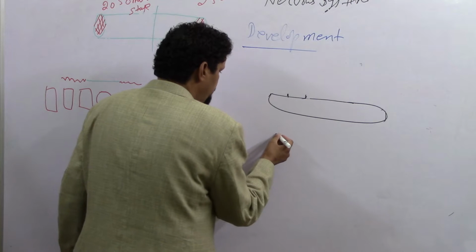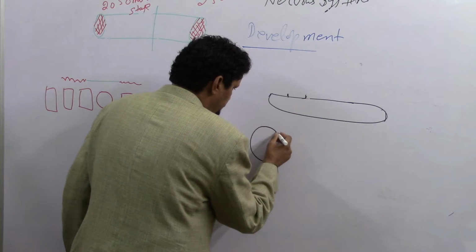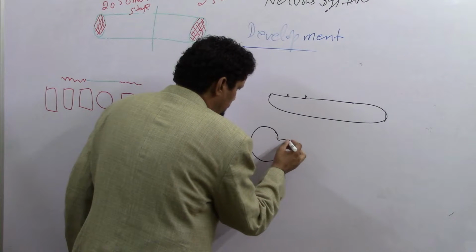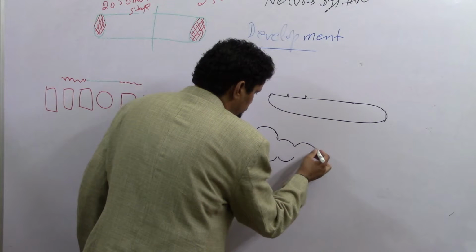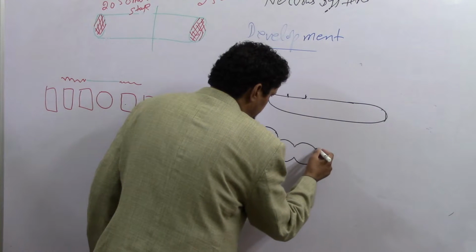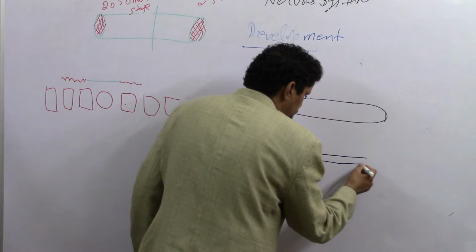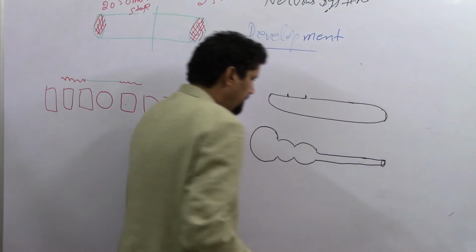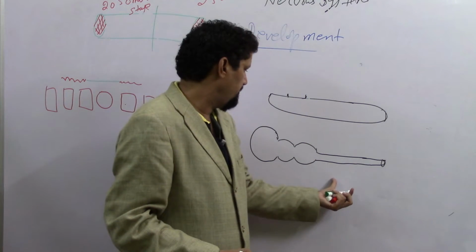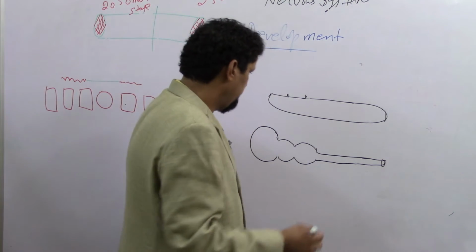The anteriormost part will dilate, then there will be a constriction, again a constriction, and again a dilated part, and the posteriormost part is of almost similar diameter, an elongated part. The posterior part of the neural tube will develop into the spinal cord.